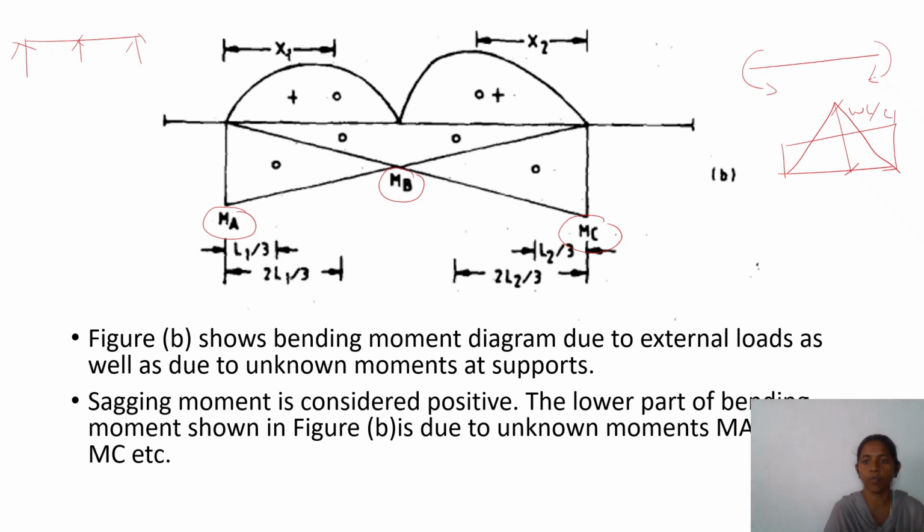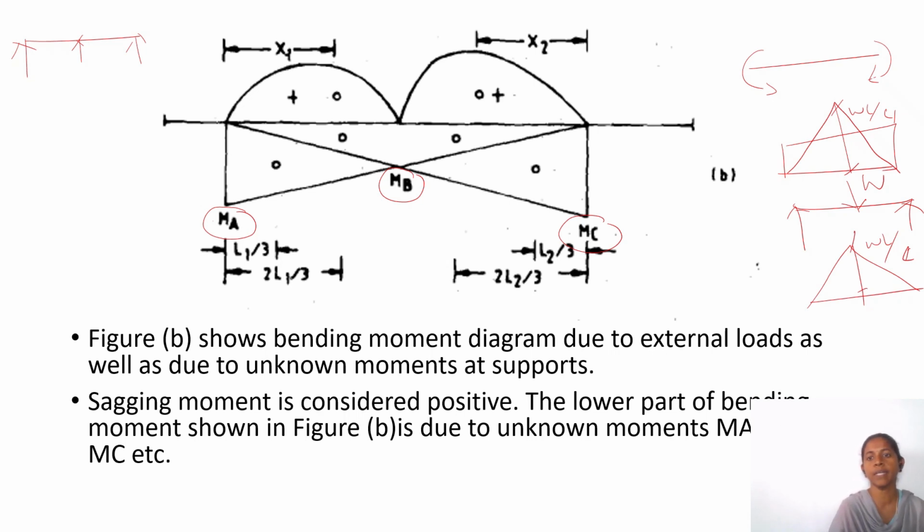WL by 4 is the free bending moment when it is a simply supported beam with a central point load W. So you have to superimpose the free bending moment diagram over the moments which we have arrived at through any method. So this is the original bending moment diagram for the given structure. This is how we have calculated in the problems.